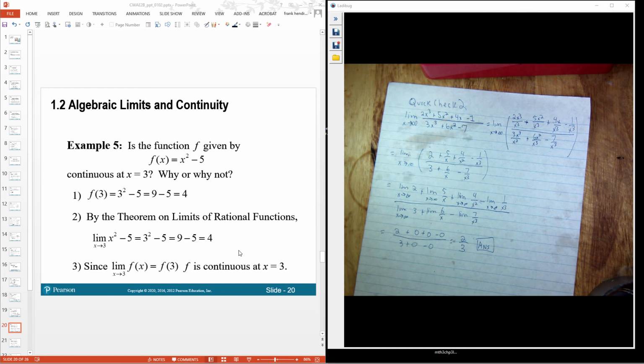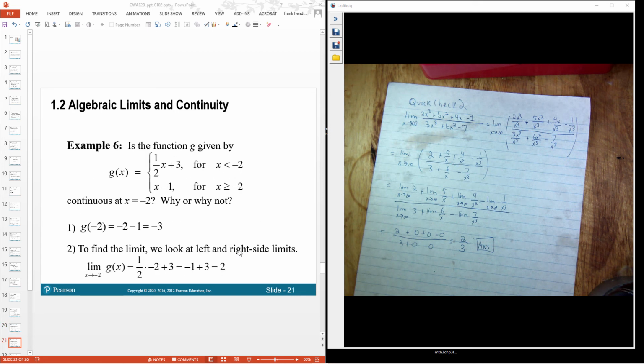And this one here is continuous at 3. So f of 3 is 4. Take the limit of it. That's 4. Since the limit is equal to the function value at that same point, it's continuous at 3.